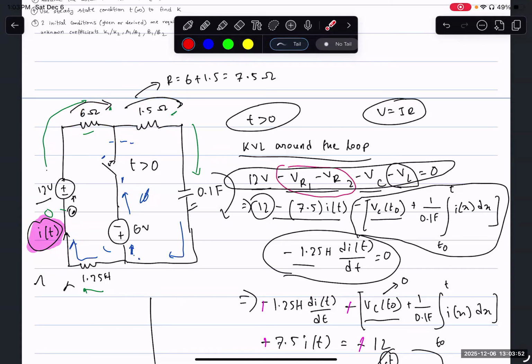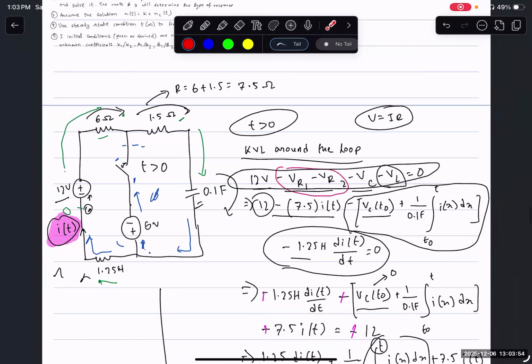The first step in these problems is recognizing that these are transient circuits, because it would be switched off. It's switched on until time zero, and then it's switched off. It goes up. So after that, it disconnects, right?